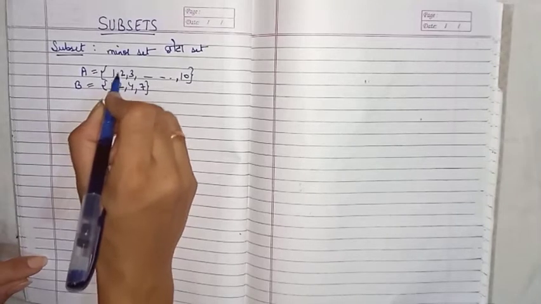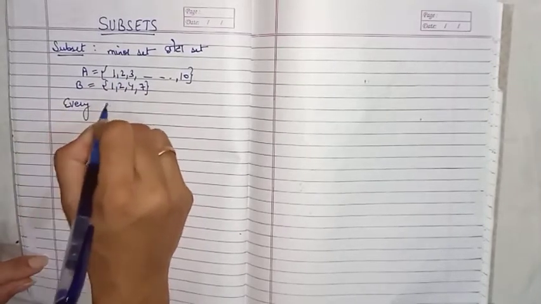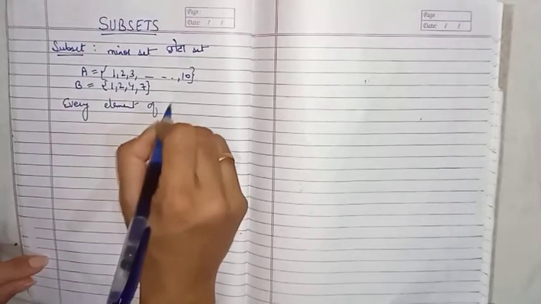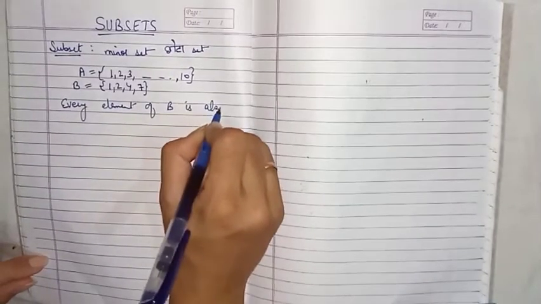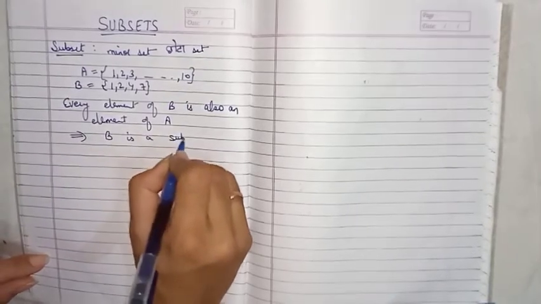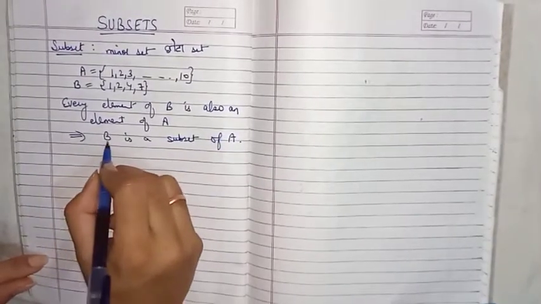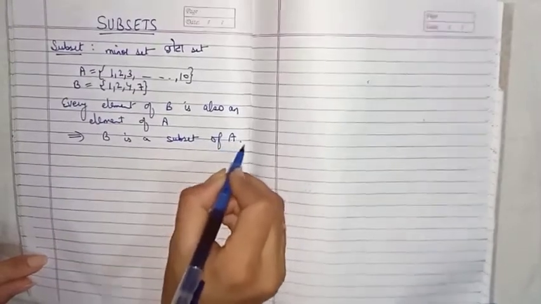Now I know that every element of B comes from the set A, that is, every element of B is also an element of A. This means B is a subset of A. B एक छोटा set है A set का. That is, B is a subset of A.